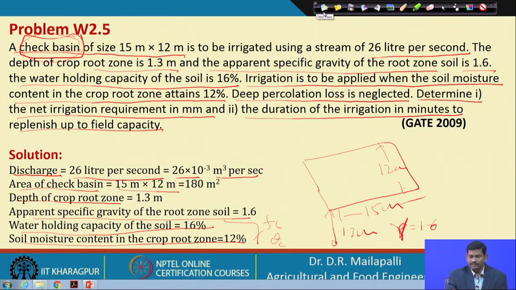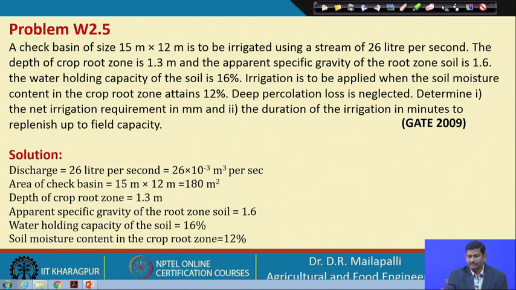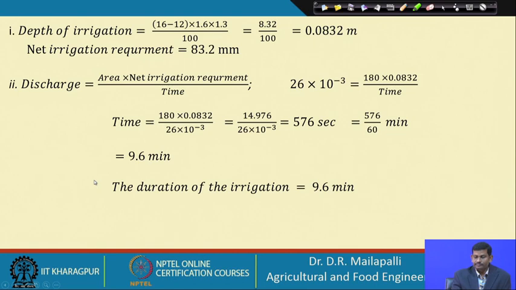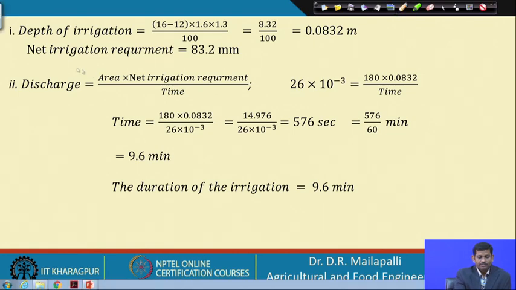So, the solution for this problem is like this. First we have to find the depth of irrigation, and then finally the duration of irrigation. Here the depth is the amount, the quantity, and here the time is the duration.